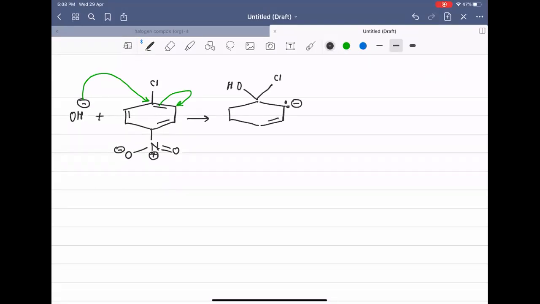Pay attention. Now, due to resonance, you can see that lone pair and pi bond are conjugated. Conjugation brings in resonance, so lone pair becomes a pi bond becomes a lone pair.